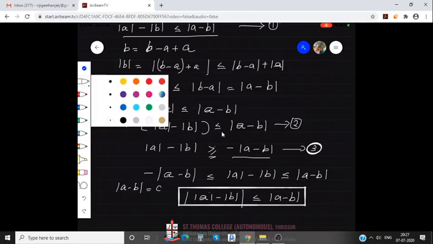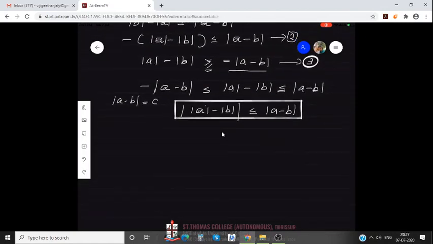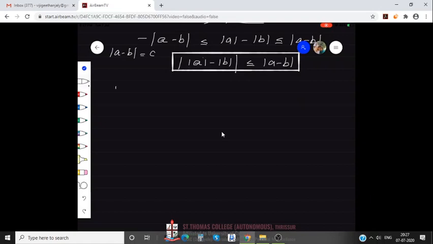Now we will prove the second one. What we have to prove is that the absolute value of a minus b is less than or equal to the absolute value of a plus the absolute value of b. So I will start from the left hand side. The absolute value of a minus b is equal to the absolute value of a plus minus b.